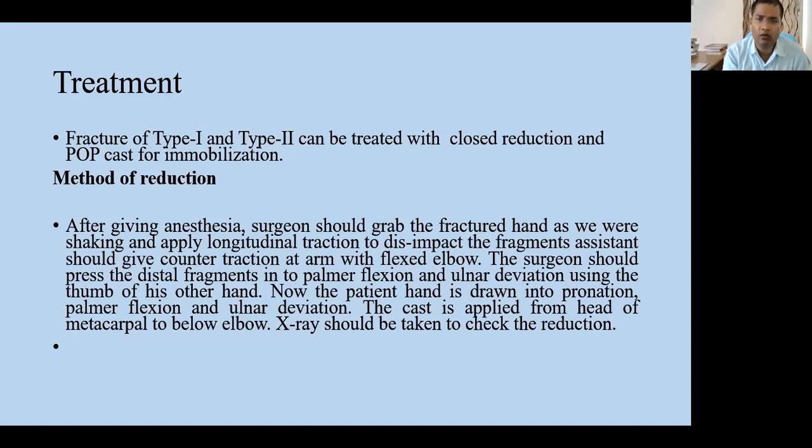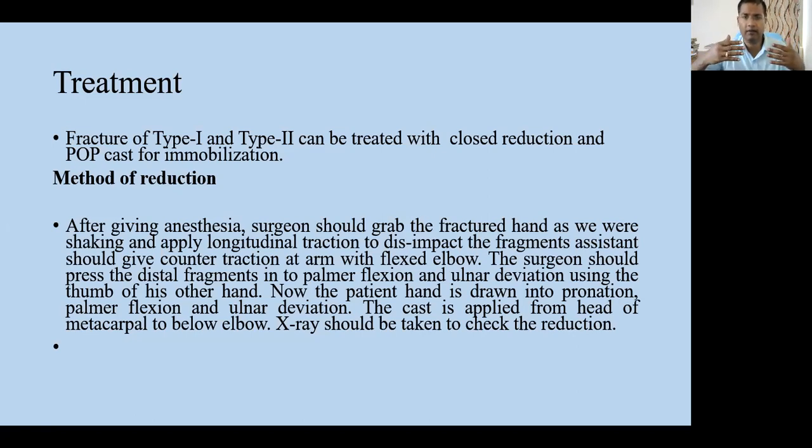The surgeon will hold the hand of the patient, just like we shake someone's hand, and by this, first we should give traction. So first give the traction to relieve the impaction.